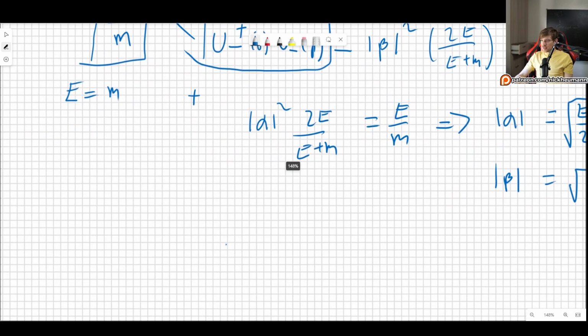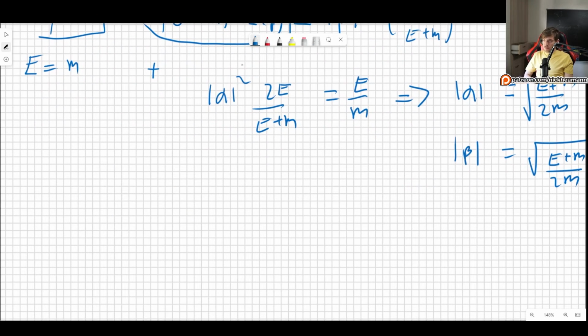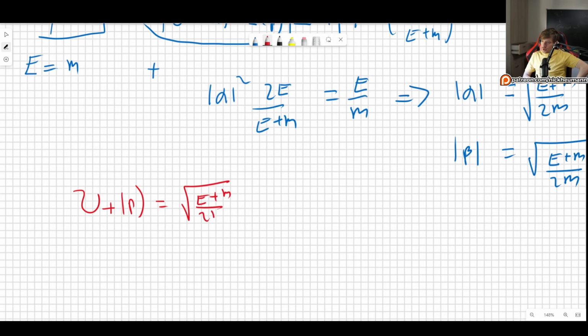Right, so using this, we can now simply go back to our initial case and see that the condition that we have found is that u plus has to be equal to, well, this would be the square root of E plus m over 2m, times u tilde of p, and sigma dot p u tilde of p divided by E plus m.